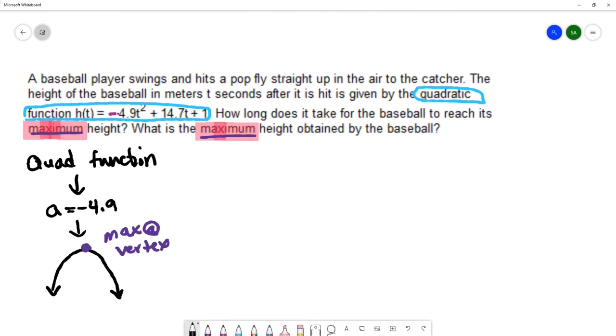So when we solve this question, we're going to be focused on finding the vertex of that quadratic, and it will tell us what that maximum height is.